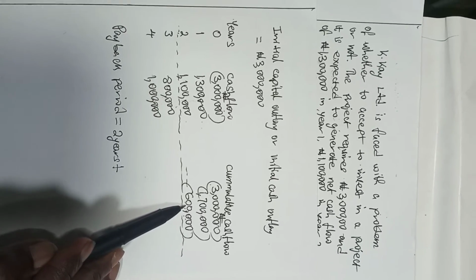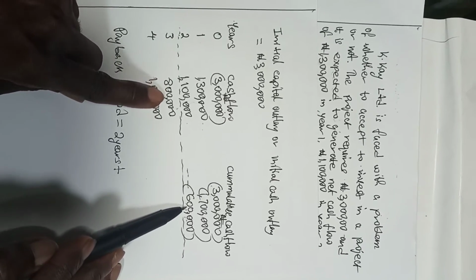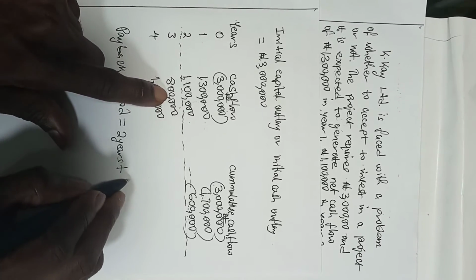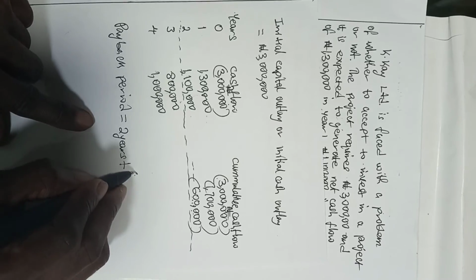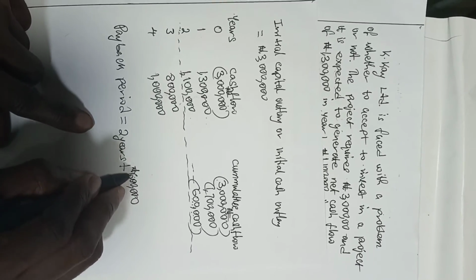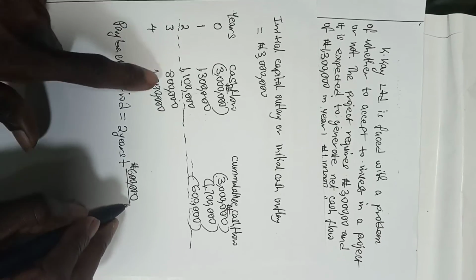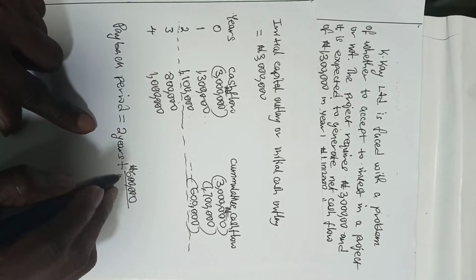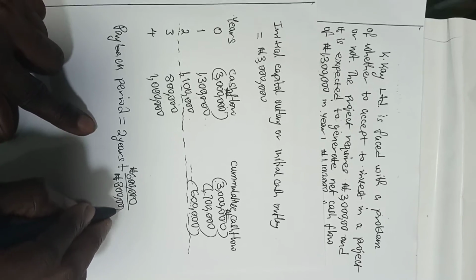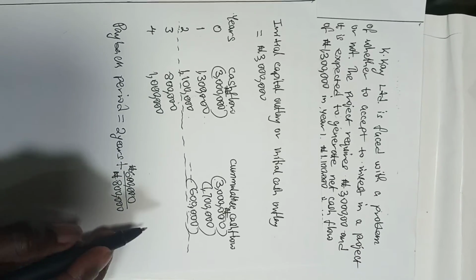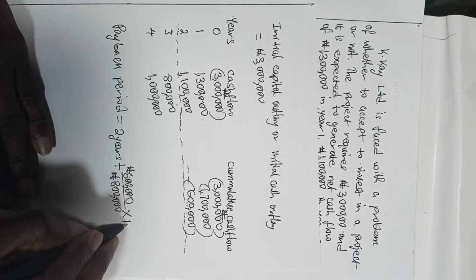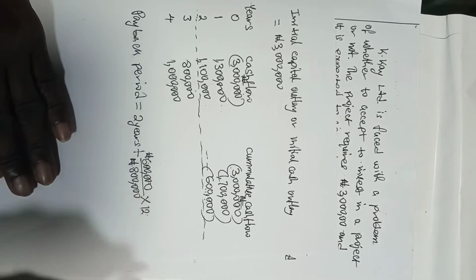So we now use it as a numerator for the year 3. So it will now be 600,000 naira over 800,000 naira. So either you put negative or not, you must get the same thing, times 12 months.